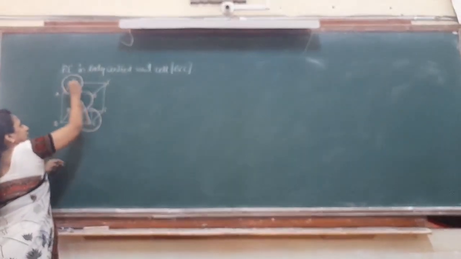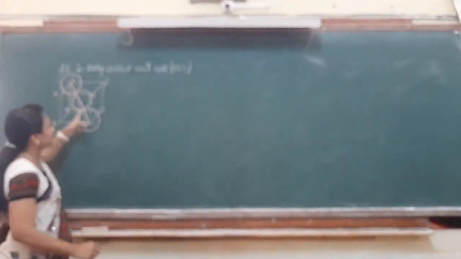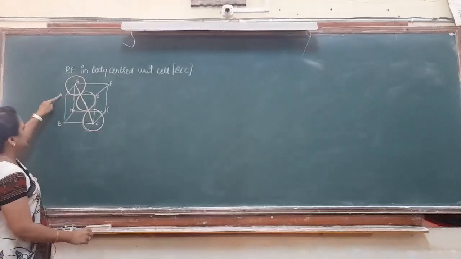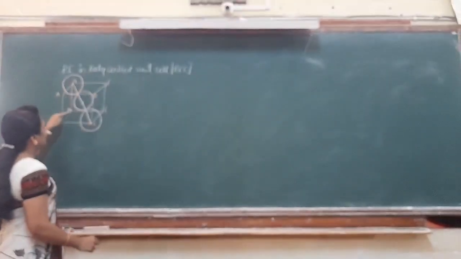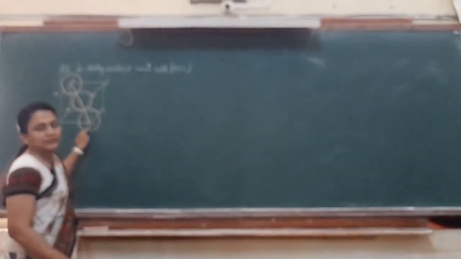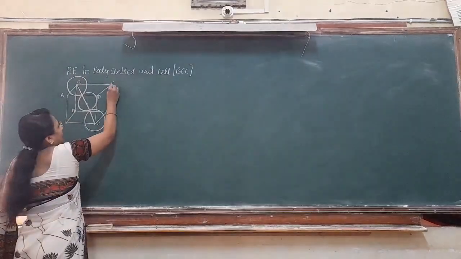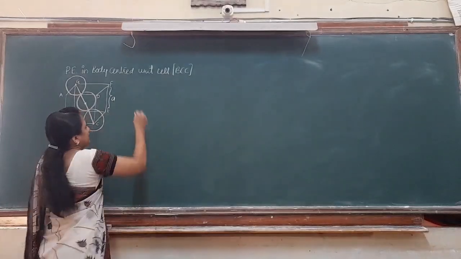I have joined the centers of these spheres and named them A, B, C, D, E, F, G, H. So this GC represents the body diagonal, and the edge length be A.